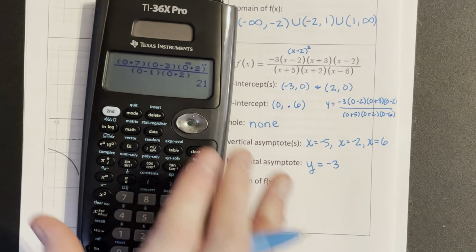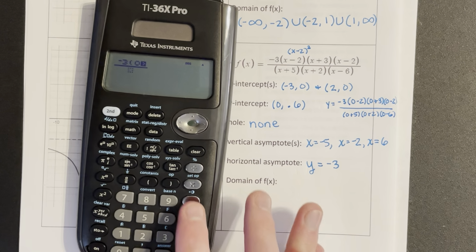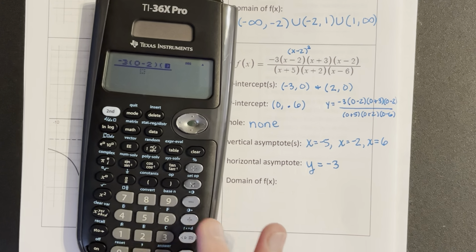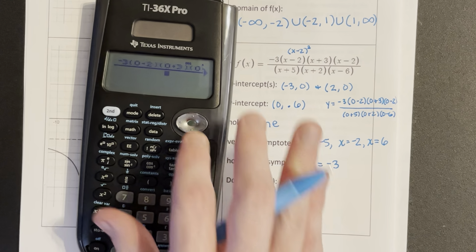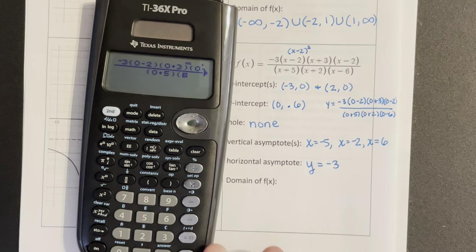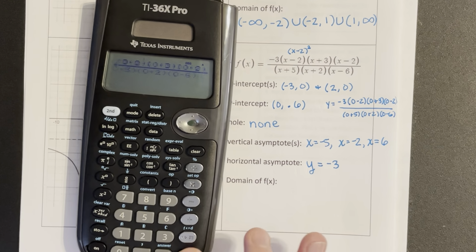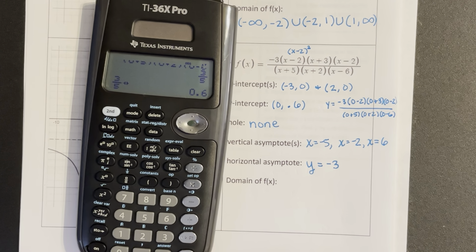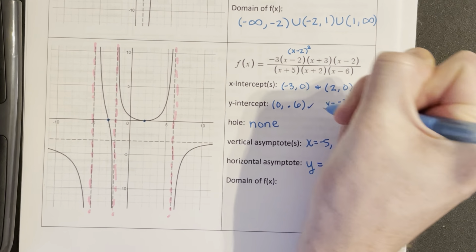We'll plug that into our calculator. 0 minus 2, 0 plus 3, and 0 minus 2 again, over 0 plus 5, 0 plus 2, and 0 minus 6. Okay, so we get 3/5, and if you make that into a decimal, it's actually 0.6, and that was pretty close to what we guessed.